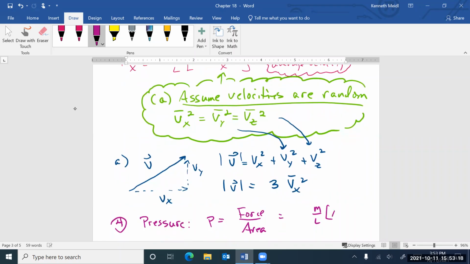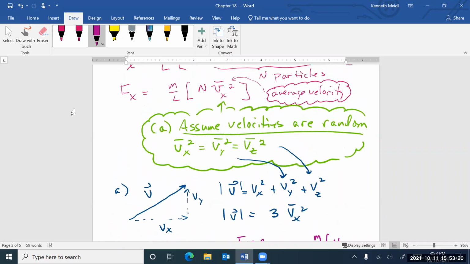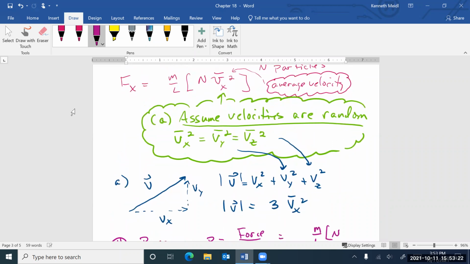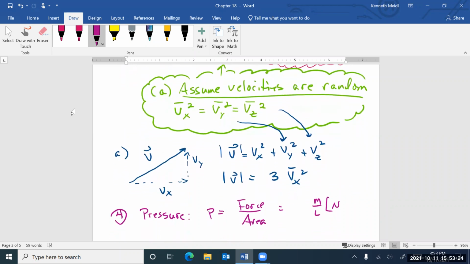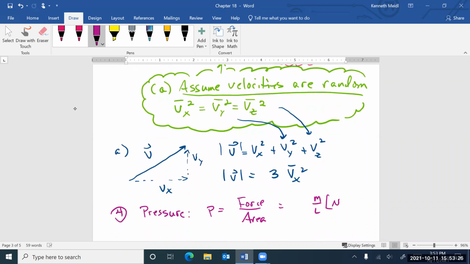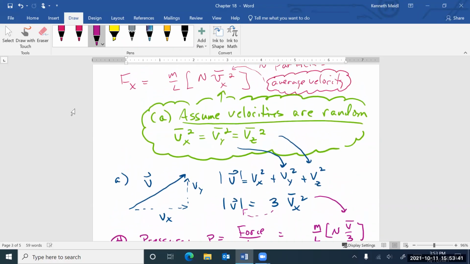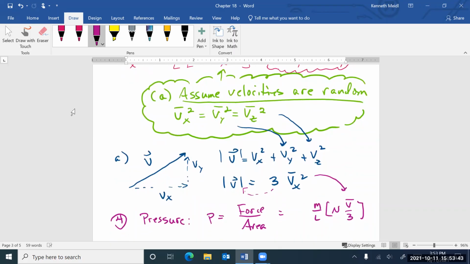And then I've got this N, and now I've got this velocity in the x direction. I'm going to take that out, and in its place, I'm just going to have the overall average velocity divided by 3, right? So if I bring this 3 over here and divide both sides by 3, I can write it like that, and it's squared, right? So that velocity here has this little square on it.